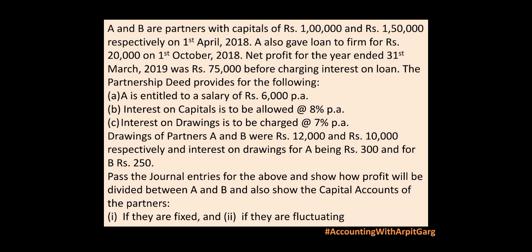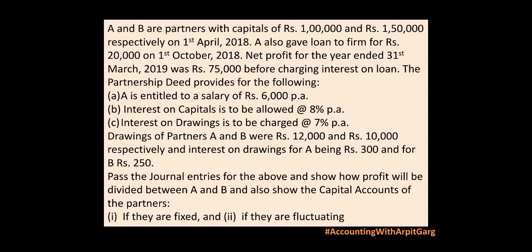A and B are partners with capitals of rupees 1 lakh and 1 lakh 50,000 respectively on 1st April 2018. A also gave a loan to the firm of rupees 20,000 on 1st October 2018. Net profit for the year ended 31st March 2019 was rupees 75,000 before charging interest on loan.